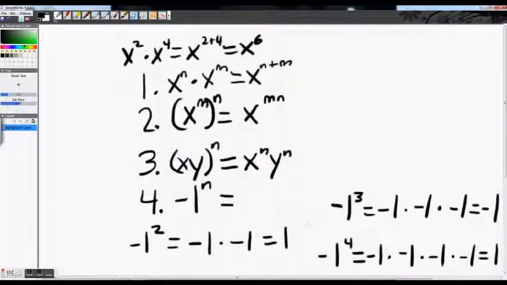Based upon these examples, it's reasonable to assume that the exponentiation will lead to positive 1 when n is even, and negative 1 when n is odd.